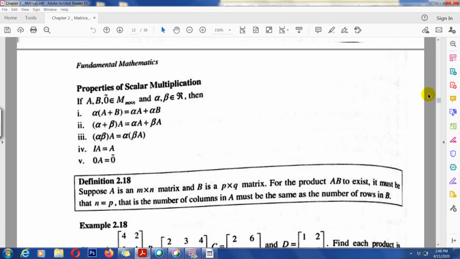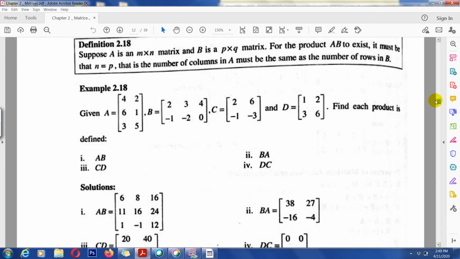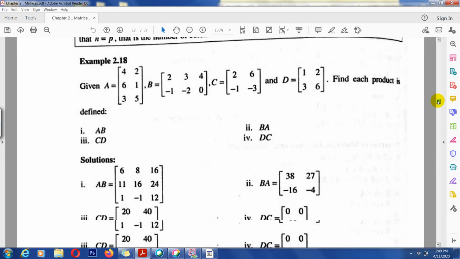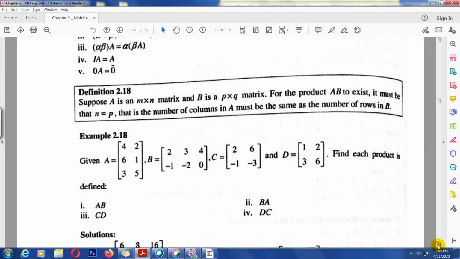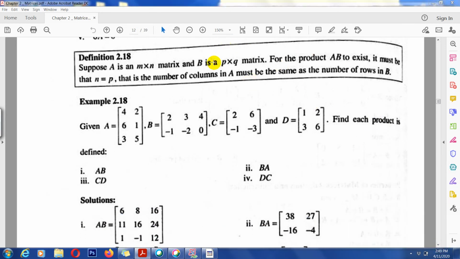This definition explains that if we have AB, then n must equal p. Because when we multiply, we multiply the row and the column, so the row and the column counts should be the same. If not the same, we cannot get the elements. That is the most important. We can see here how to multiply two matrices; n and p should be equal.